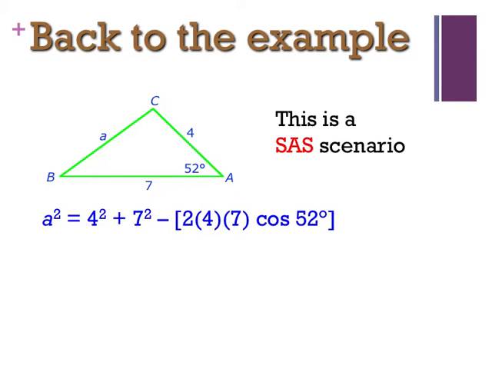Do it all in one shot. Just make sure you put brackets in there, they shouldn't be parentheses. You don't need the parentheses around the 4 and the 7, they're just multiplication. So 4 squared plus 7 squared minus parentheses, 2 times 4 times 7 times the cosine of 52, close parentheses. You'll need to close another parentheses because the calculator will put a parenthesis before the 52.